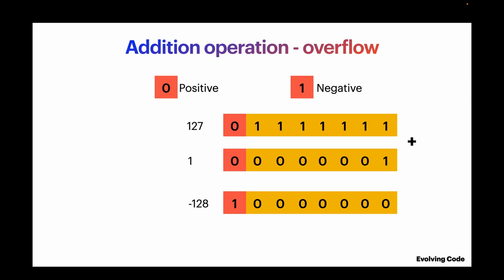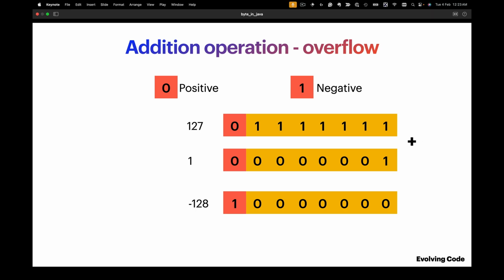It's going to be a silent failure if at all you were expecting an overflow and wanted to convey that to your end users. How to manage these overflows with respect to mathematical operations is something we will see in a separate episode when we talk about these arithmetic operations.